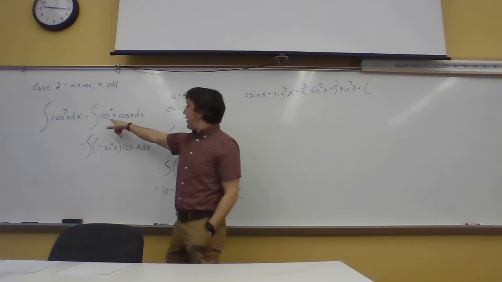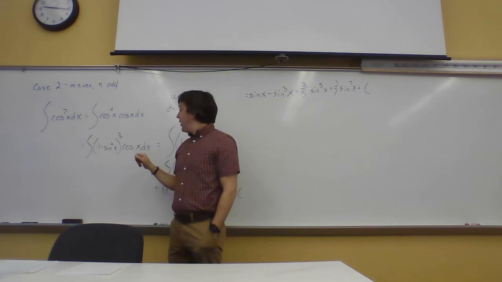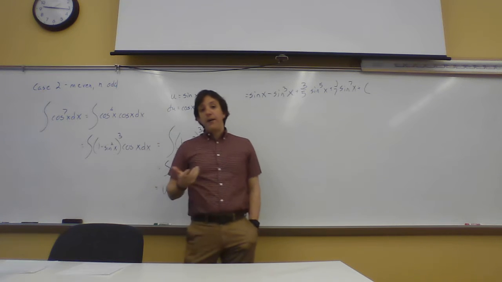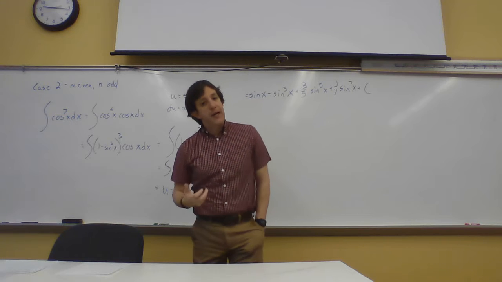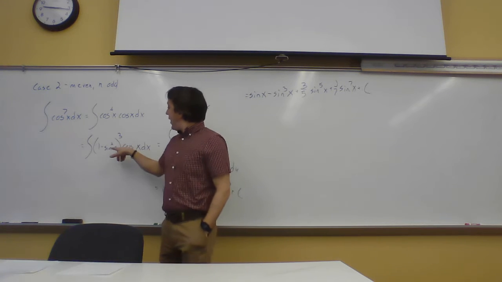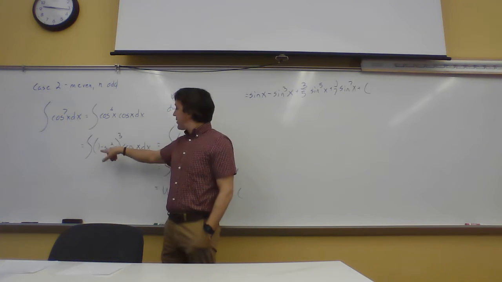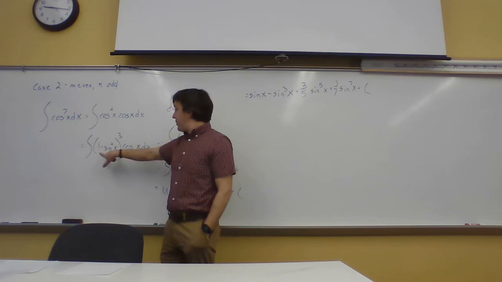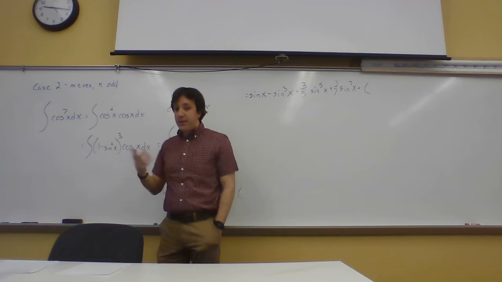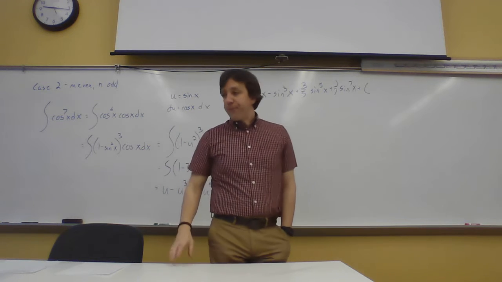I then have cosine to the 6th times cosine. Cosine squared is 1 minus sine squared, so I can think of this cosine to the 6th as 1 minus sine squared, cubed. This is cosine squared, 2 times 3 is 6, so I have the right powers.